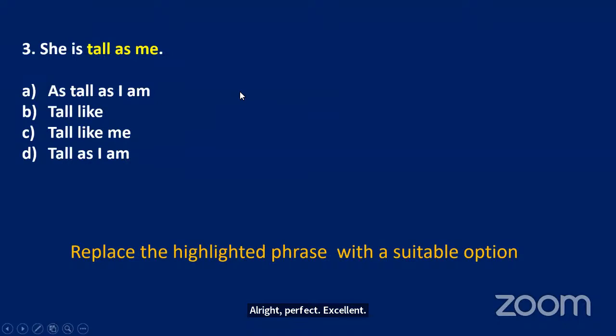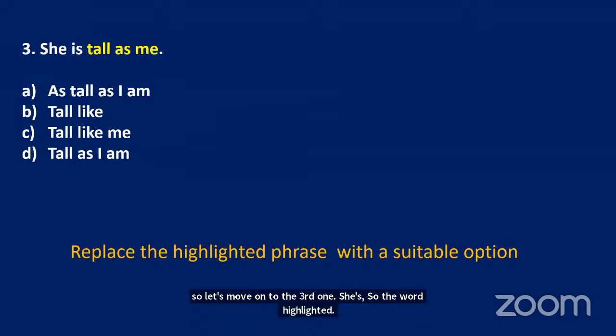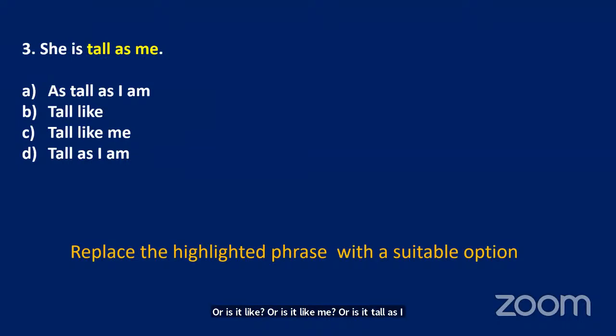She is tall as me. The highlighted words should be replaced by: as tall as I am, tall like, tall like me, or tall as I am? Very simple in fact, the usual routine conversation. Let's see how many give me the right answer.